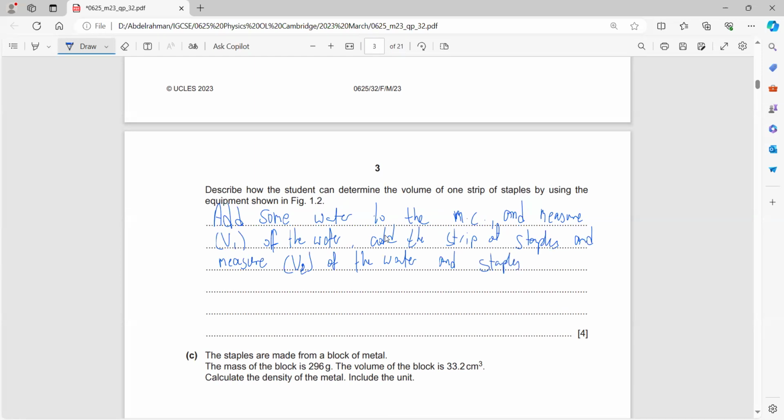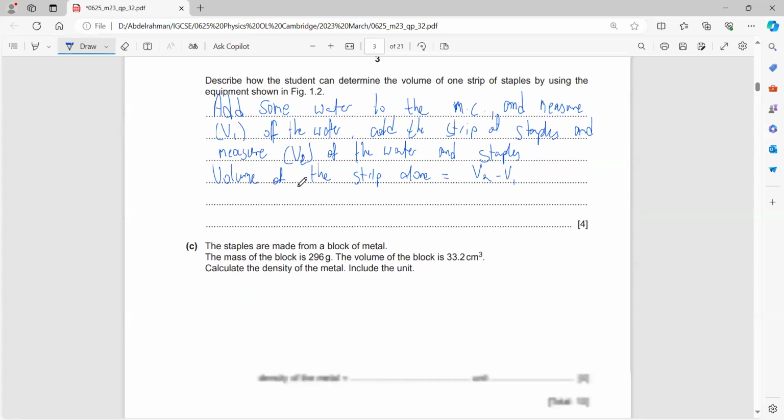We have two measurements to find the volume of the staples alone. The volume of the strip alone would be equal to V2 minus V1. That's it. It's quite easy. We've solved it a lot of times before.